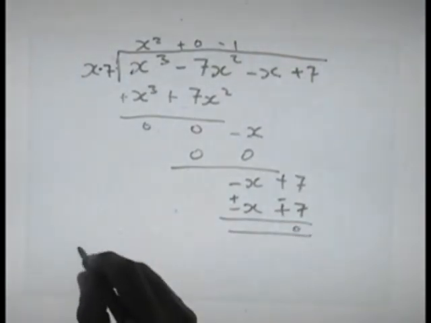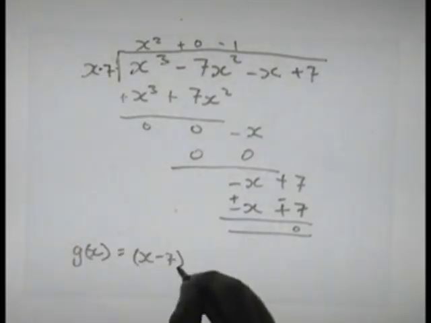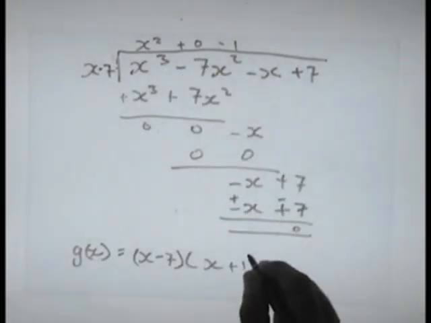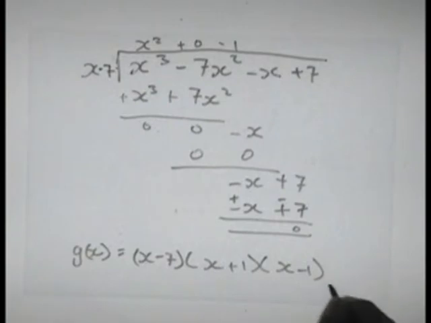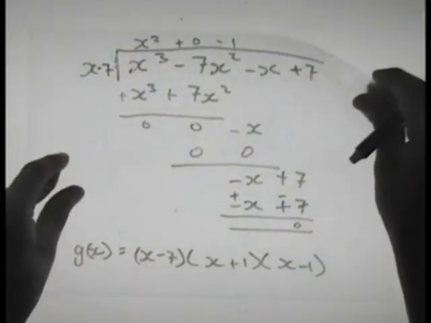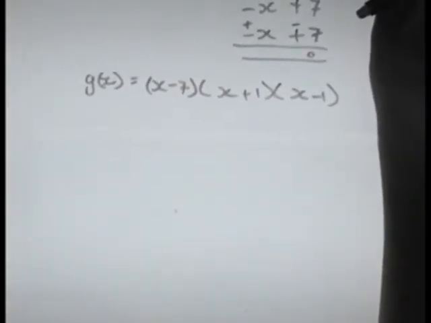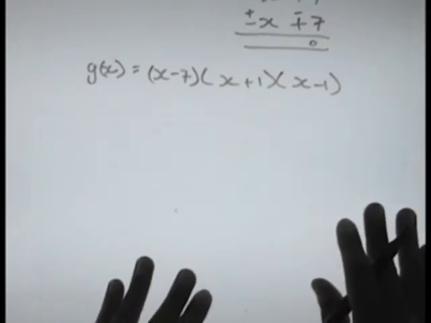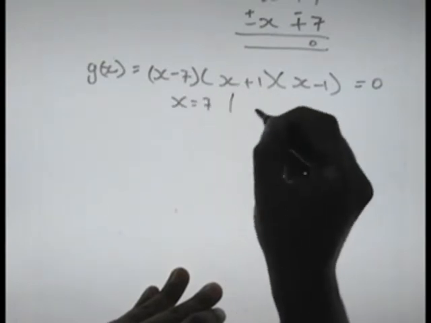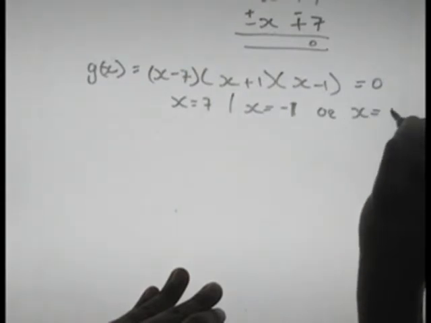Yes, it does. That means that g of x is equal to x minus 7 multiplied by x squared minus 1, which is the same as x plus 1, x minus 1. That means that our three values for when g of x is equal to 0 will be given by x is equal to 7, x is equal to negative 1, or x is equal to 1.